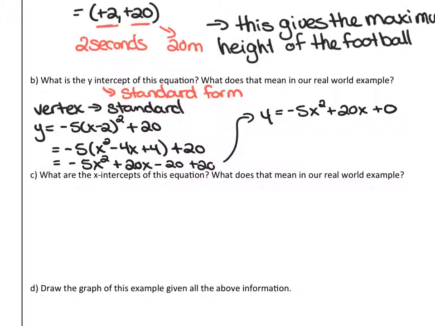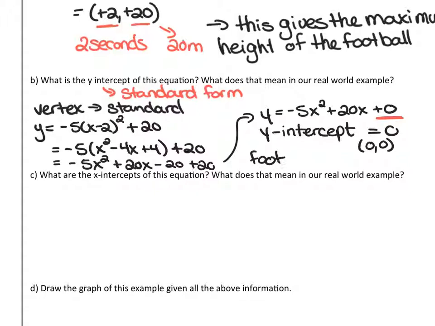So what is the y-intercept of this equation? We know it's that last value, which is right here. So it equals 0, or you could write it as the point (0, 0). What does this mean in our real example? This means that's where the football started.